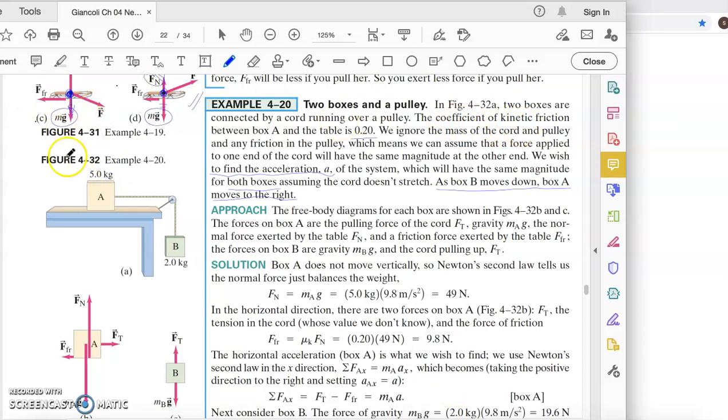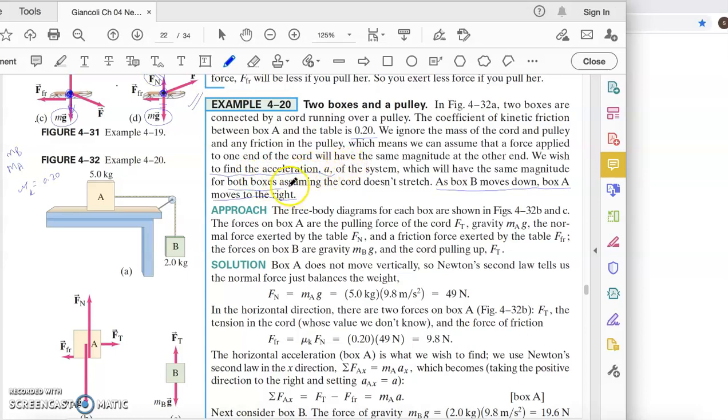So mu K is given to be 0.2 without unit, you know that. And that's about it. So mass A is known, mass B is known, and mu K. That's it. And he's asking us to find the acceleration of the system.